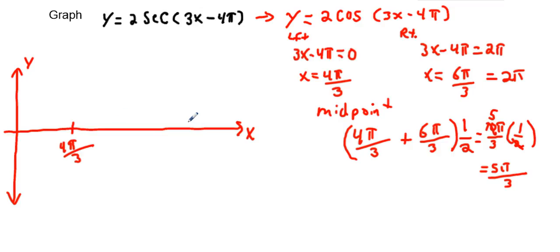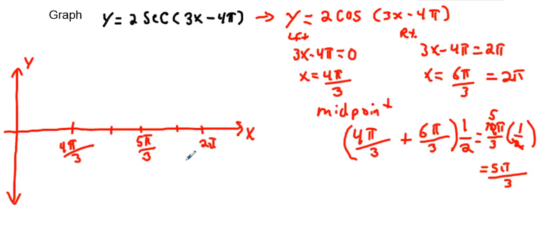The next one's going to be 2 pi, which would be somewhere in here, but I'm going to skew it out just a little bit so we can get a better idea of what's going on in the graph. So let's call this guy 2 pi. And our midpoint is 5 pi over 3.